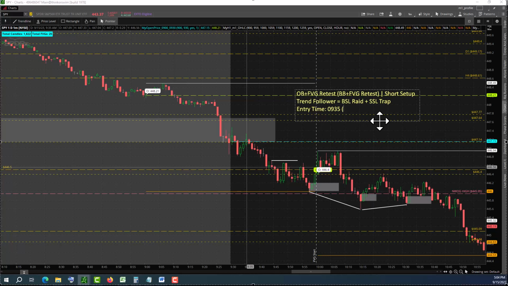So we can say that an entry only happens in the first 5 minutes. Actually, you can also take the entry when it retests here.